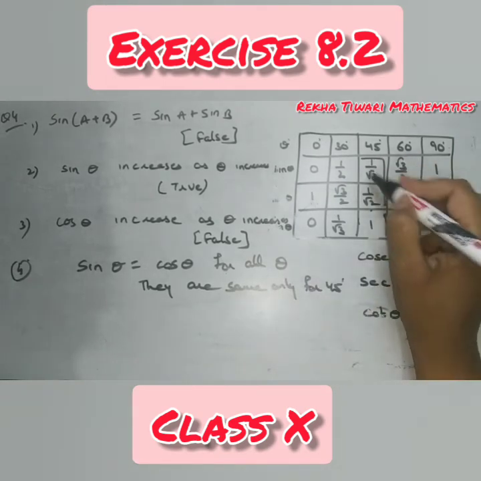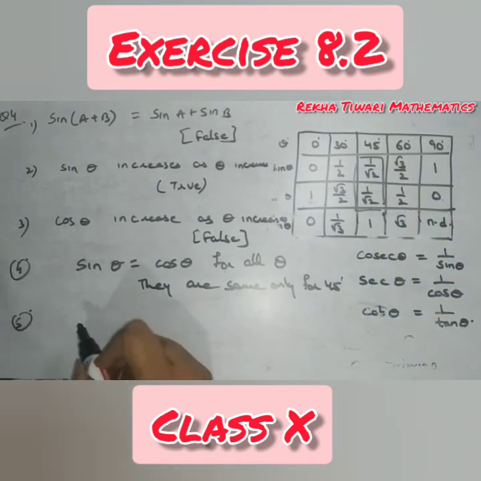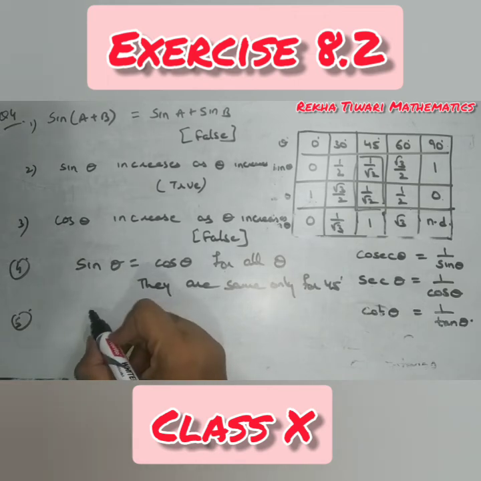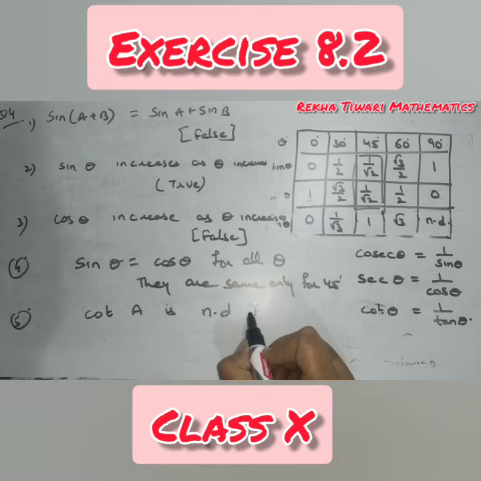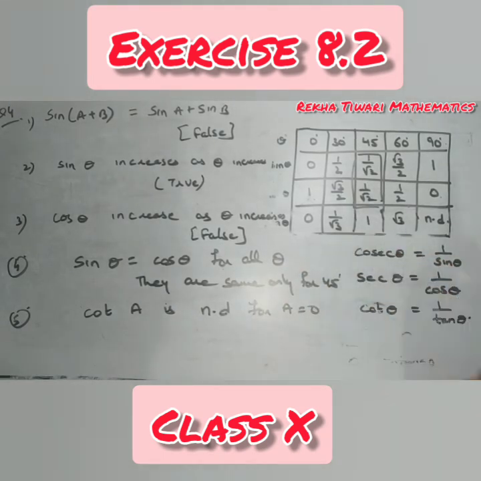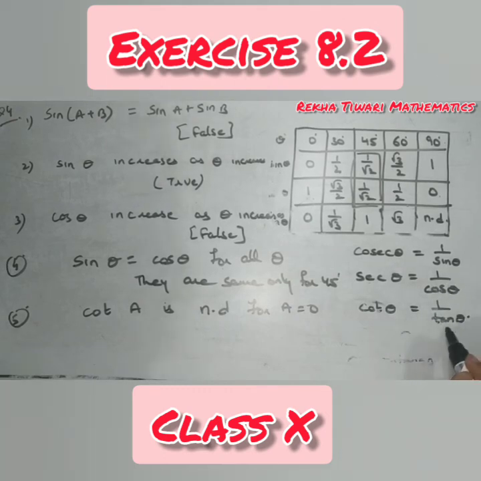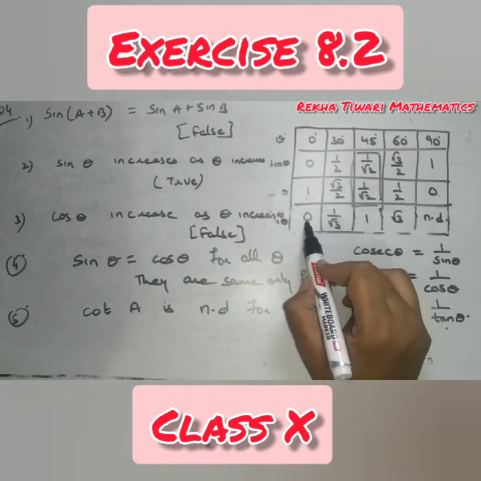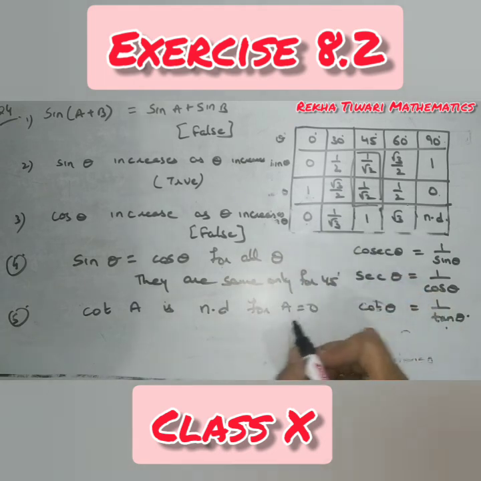At 45 degree the value of sin theta and cos theta are equal. The last part, cot A is not defined for A equal to 0. Check from the table. Cot A you have to find out. Cot is the reciprocal of tan. So tan 0 is 0. The reciprocal of 0 is 1 by 0, which is not defined. Yes, the statement is true.